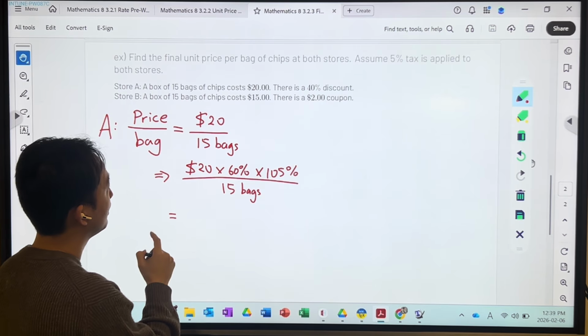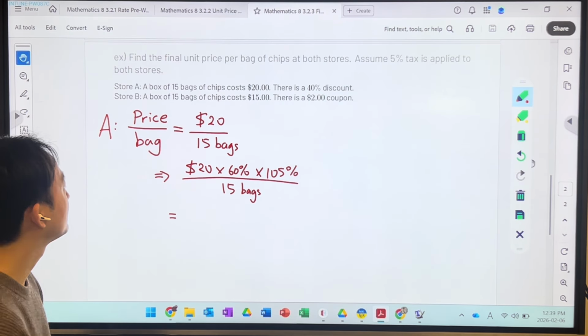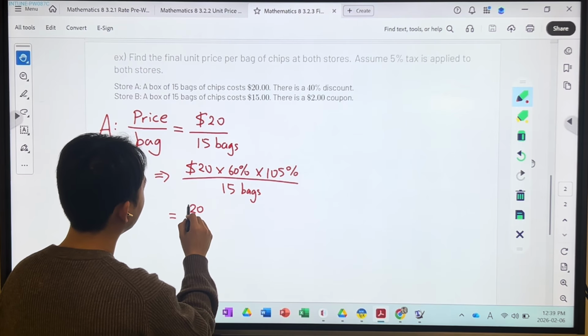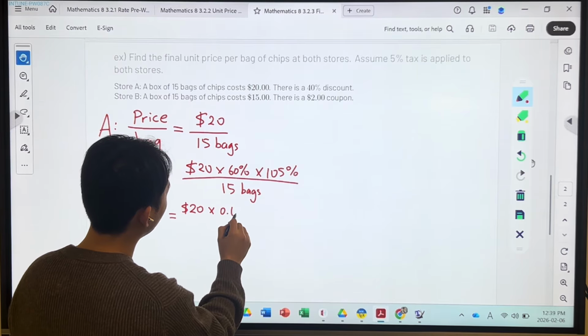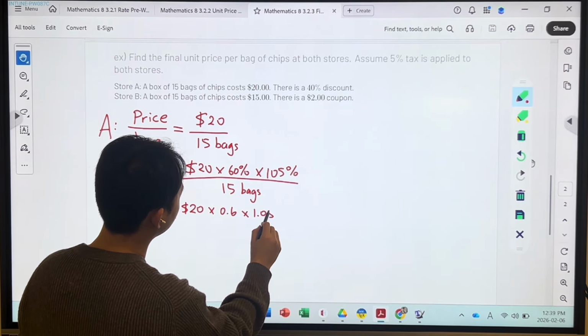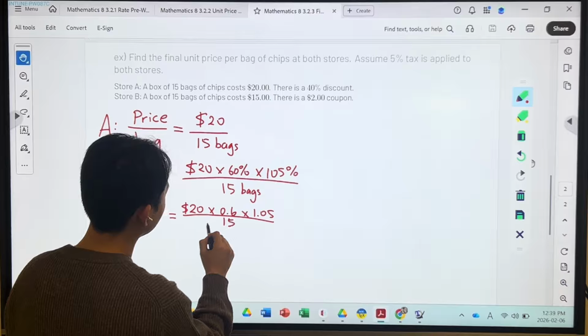I can rewrite this into $20 times 0.6 times 1.05 divided by 15 bags.